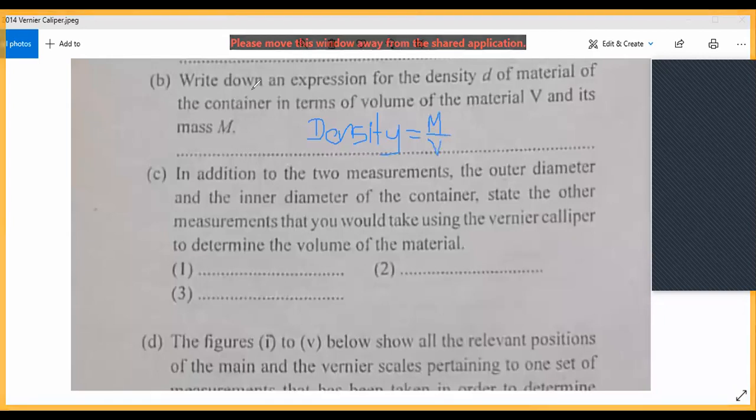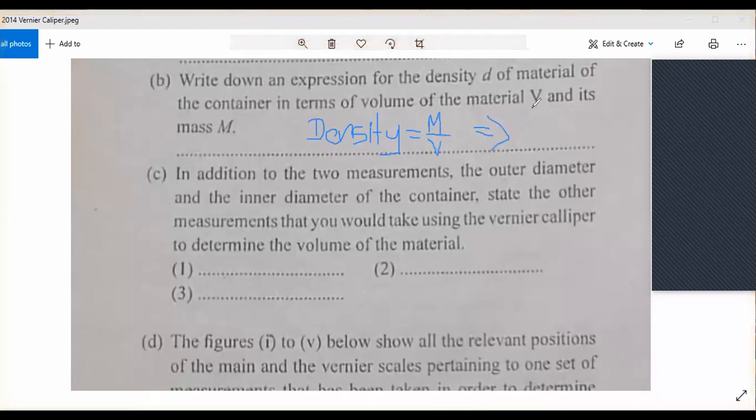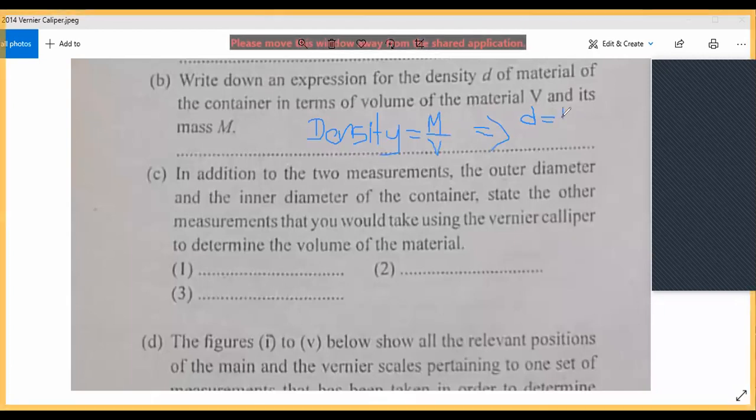But they have given us the term simple D. So, final answer is density of the material of the cylinder is equal to mass, capital M, over the volume of the material, capital V. Can you see it there?